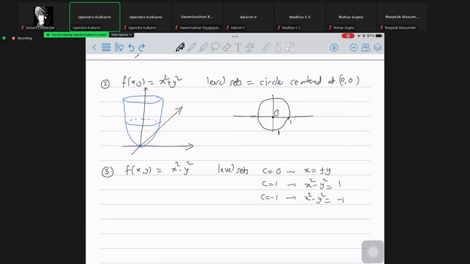You know what? Let's not draw the axis. Or perhaps draw the axis as dots. Okay, so x is equal to plus or minus y. So that is the first one. This is a level set.